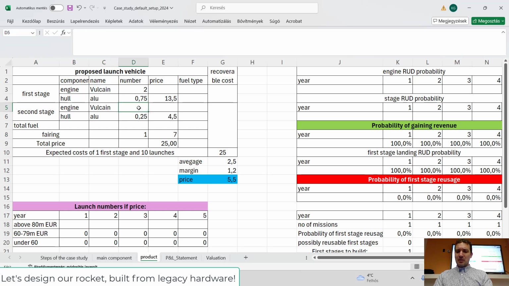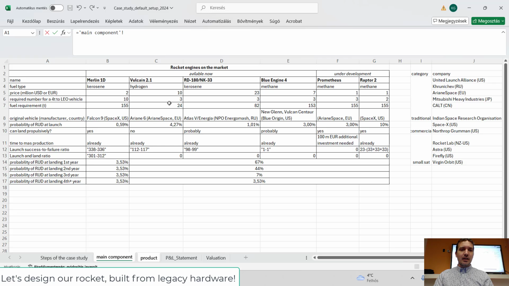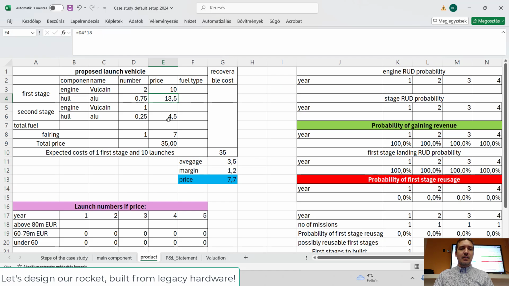Some companies are not following this, but we are about economies of scale. For me, it's completely enough if we are building just one product line. The price for these engines can also be referred back to 10 million, and it must be multiplied by 2 because we have 2 engines.